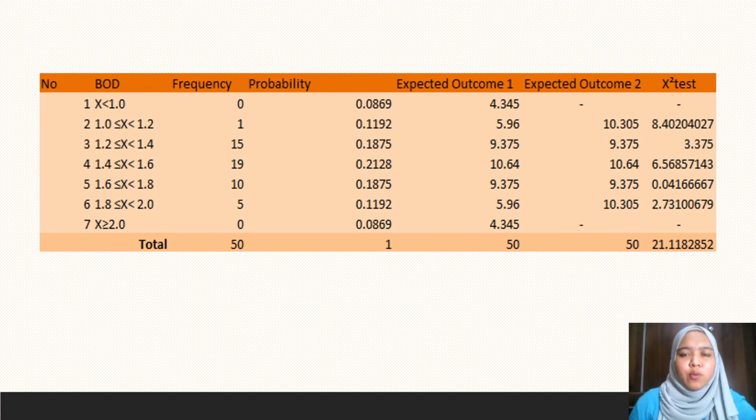Then we count probability for each data, and we also count expected outcome 1 and expected outcome 2. We calculate the chi-square test by using the formula: frequency minus expected outcome 2, squared, divided by expected outcome 2, to get the chi-square test value.